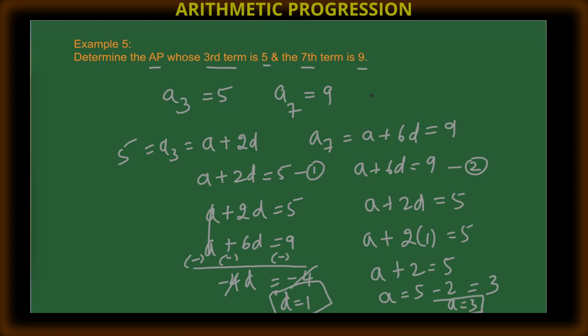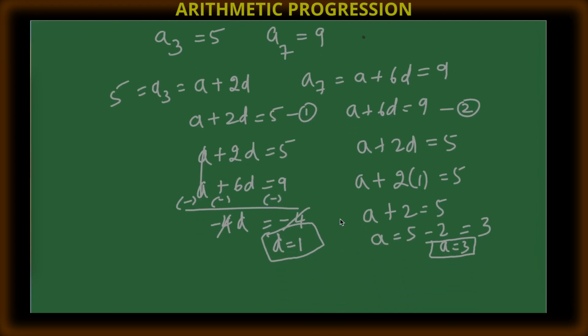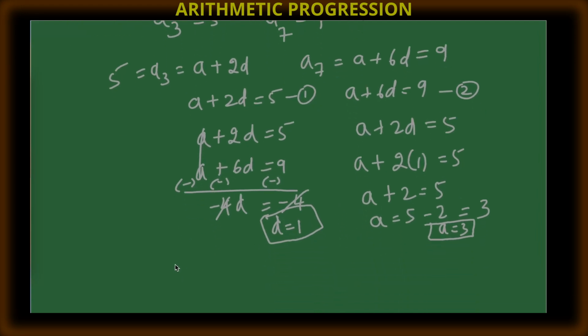So with this, can we identify the sequence? Yes, let's try to find it. What is A? We know A, A plus D, A plus 2D, A plus 3D. You remember, this is the general form of an arithmetic progression.